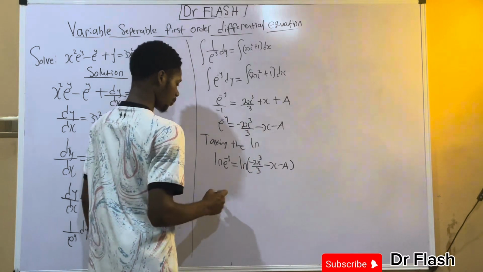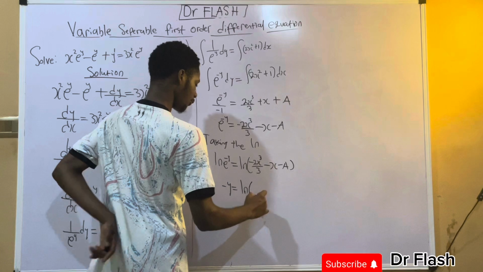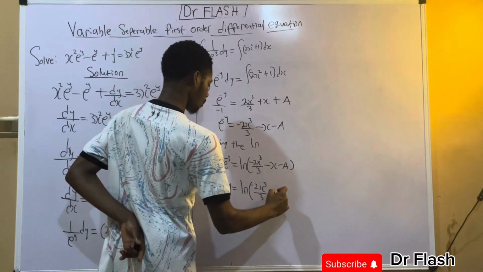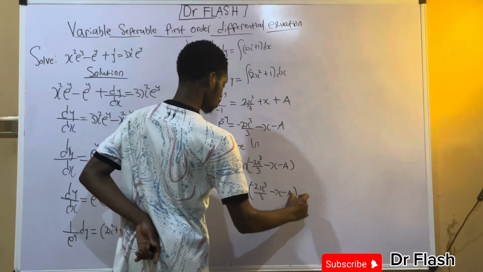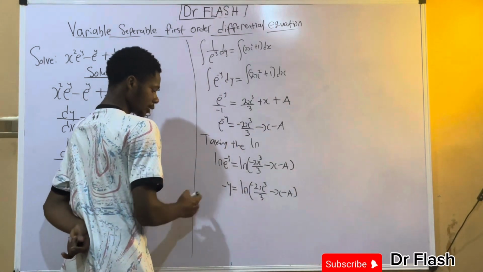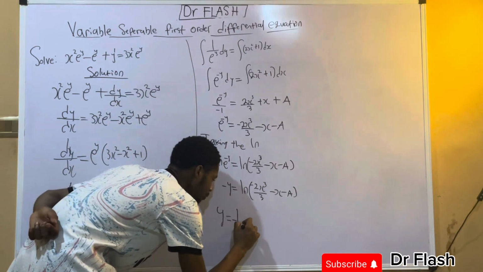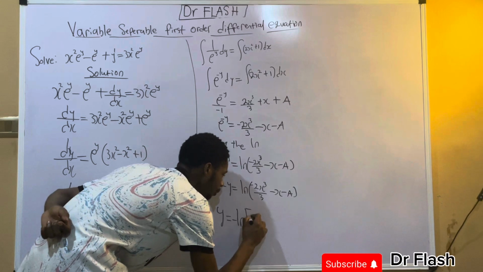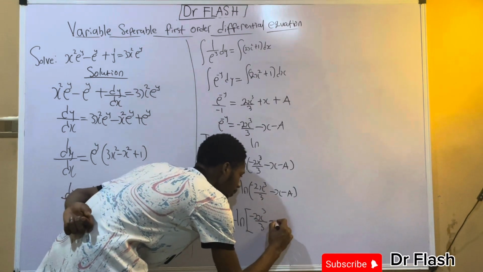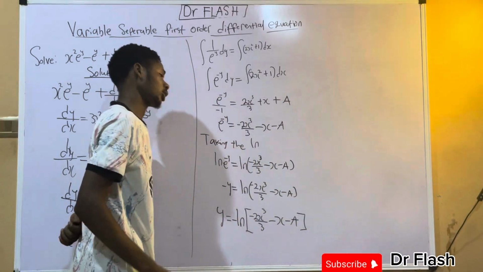Now from here we'll be left with minus y equals ln of minus 2x cubed over 3 minus x minus a. And then what next? Dividing both sides by minus 1, we get y equals minus ln of minus 2x cubed over 3 minus x minus a. Now we are not done.